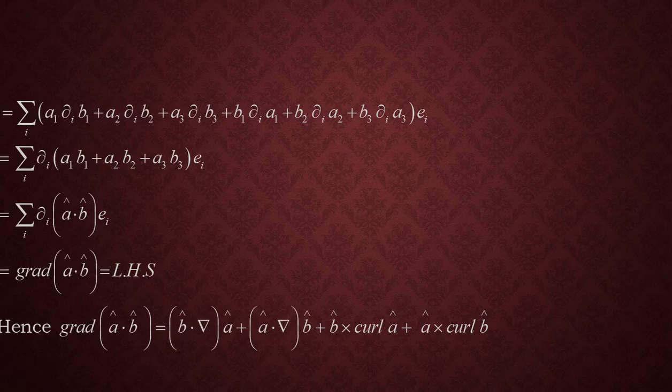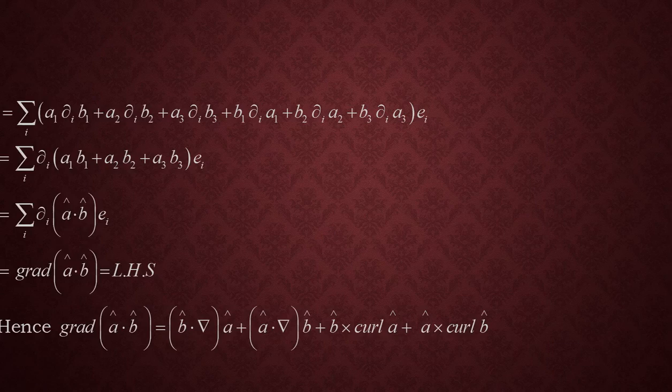This gives us sigma over i doi phi Ei, because in the beginning of the proof we supposed that phi equals A cap dot B cap. Then the RHS equals summation sigma over i doi phi Ei.